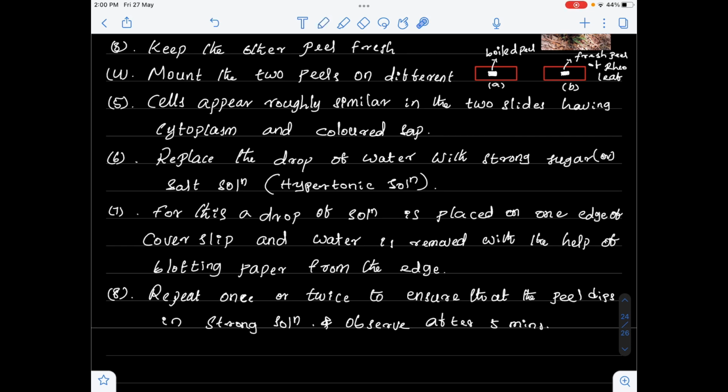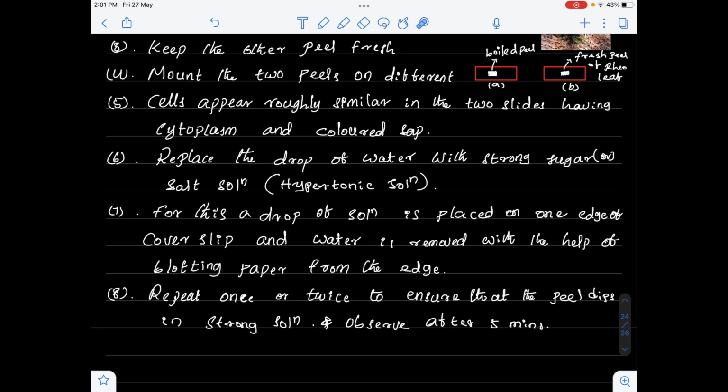So we should add that strong sugar or salt solution to both the slides. For slide A, on which we have taken the boiled peel, and the other slide on which we have taken the fresh peel, we should add strong sugar or salt solution.